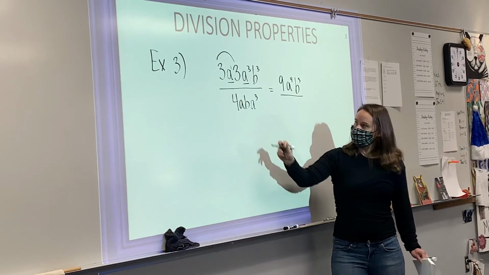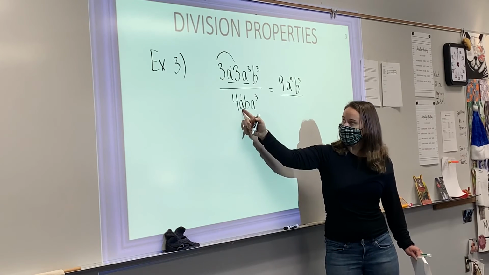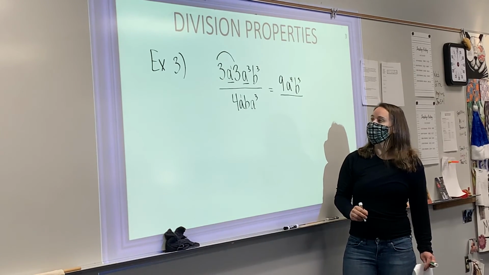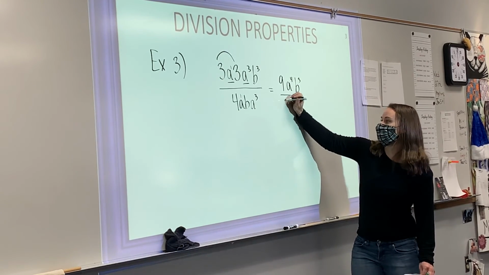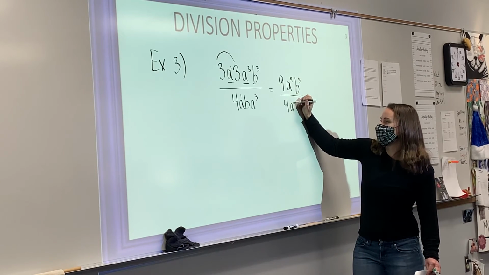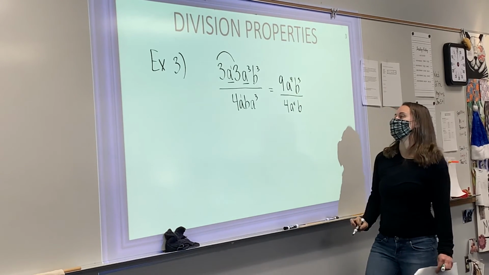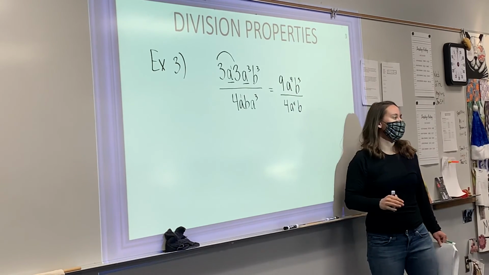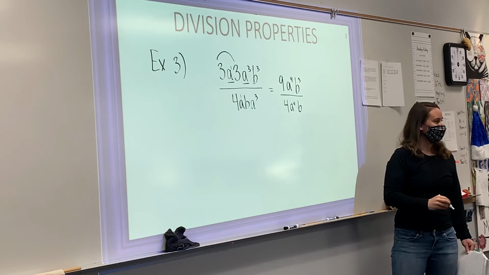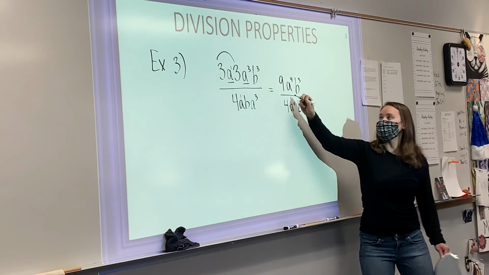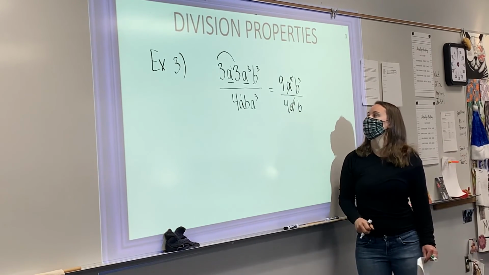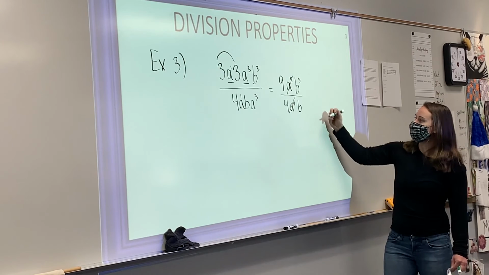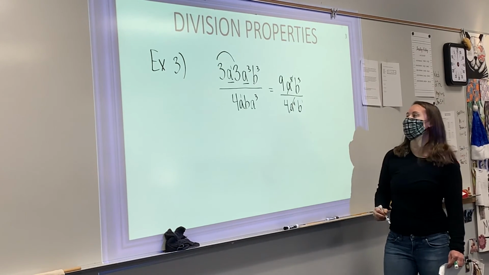Now in the denominator, I have a to the first times an a cubed. That's going to give me a to the 4th, and then a b. Now what happens when I have two things that are exactly matching? I can do what? Yeah, cancel them out, cross them out. So I'm just going to cancel, cancel. And now I'm going to write a 1 for this b.